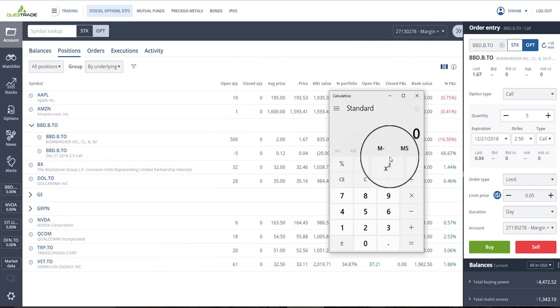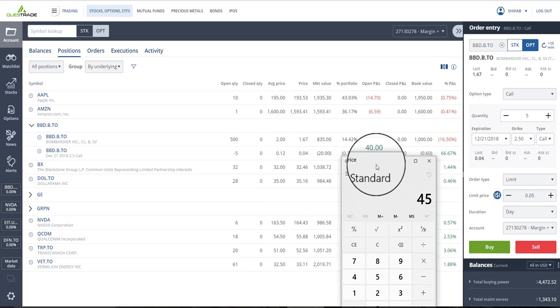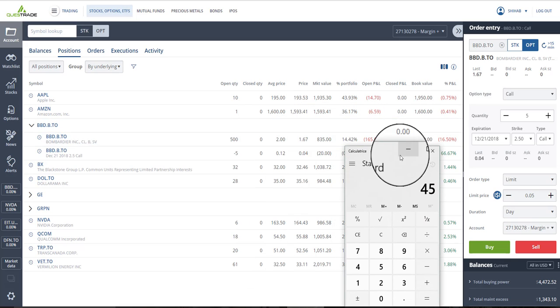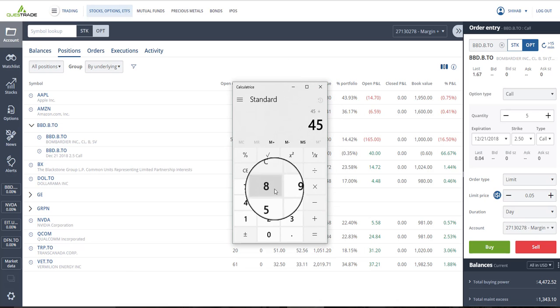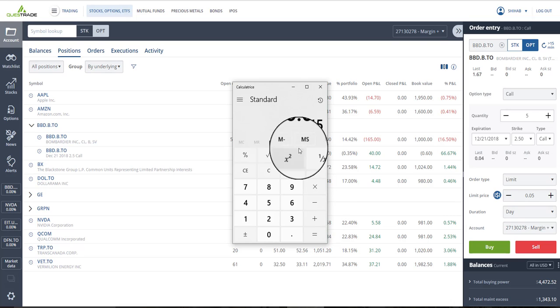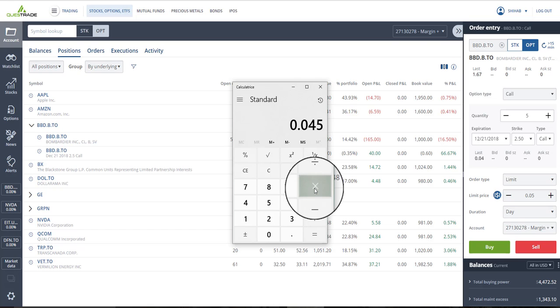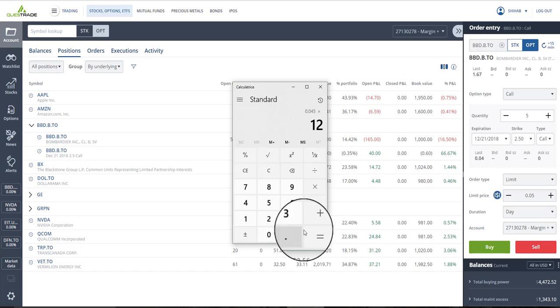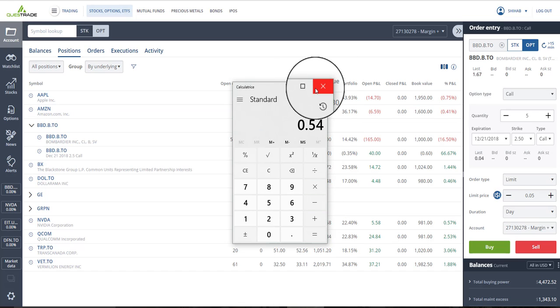If I keep repeating the process, I just made $45 in 1 month on a $1,000 investment. So 45 divided by 1,000, just to see the percentage return, is 4.5%. So I just made 4.5% in 1 month. And if I do it for 12 months, that's about 54% return.